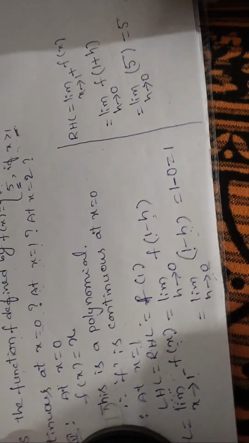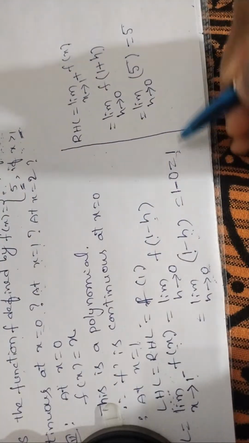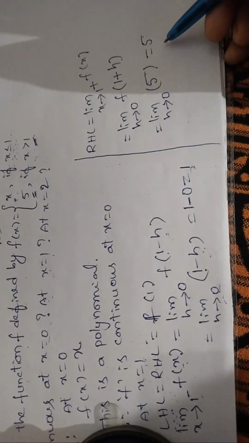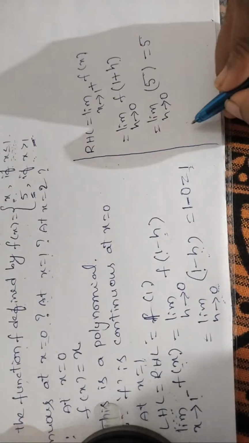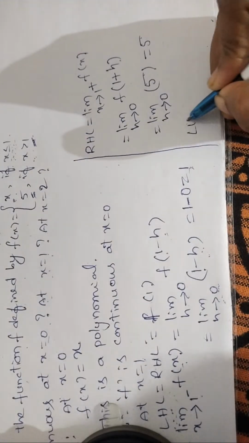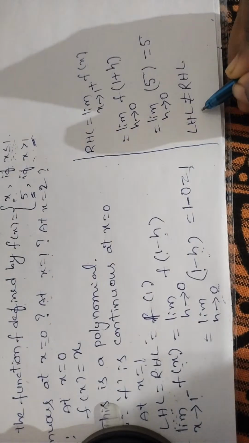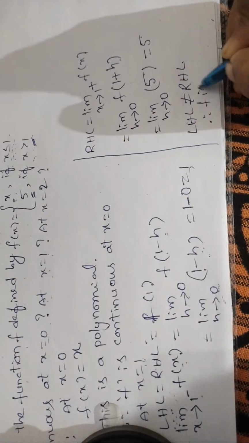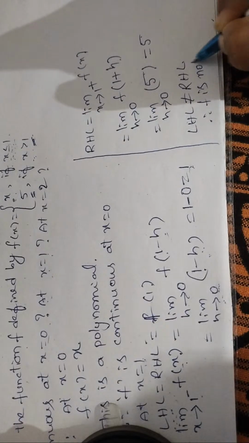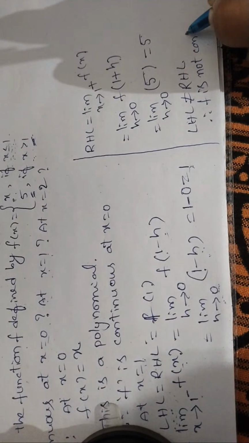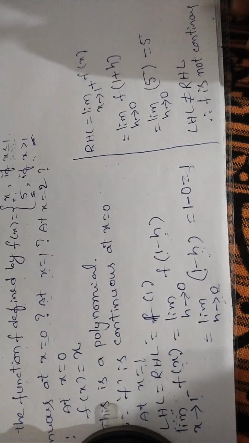Now see, what is the LHL value? The LHL value is 1, but the RHL value is 5. Are they equal? No. So LHL is not equal to RHL. Therefore f is not continuous. At what point is it not continuous?